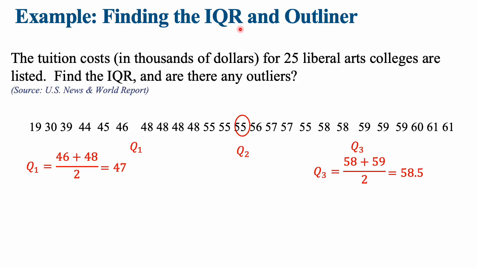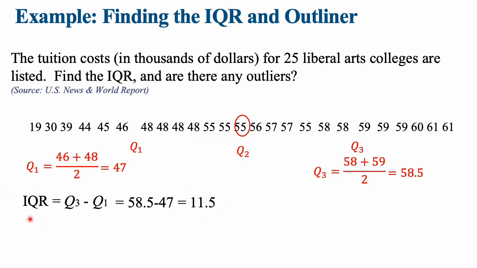So we want to find the IQR and outliers. How are we going to find the IQR? The interquartile range is going to be Q3 minus Q1. That's how you find it. Q3 is going to be 58.5 minus 47. That's going to be 11.5.